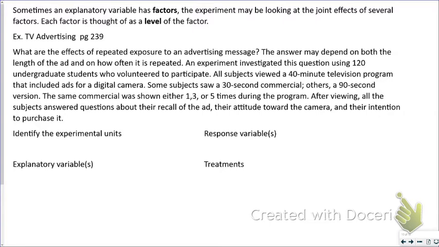So be aware of that. We'll deal with that in a second. Experimental units, I would say the 120 undergrad students. If you want to say that volunteered, that's fine. I don't think it's crucial here. I'm just identifying the person. But, I mean, it's not wrong to say who volunteered.